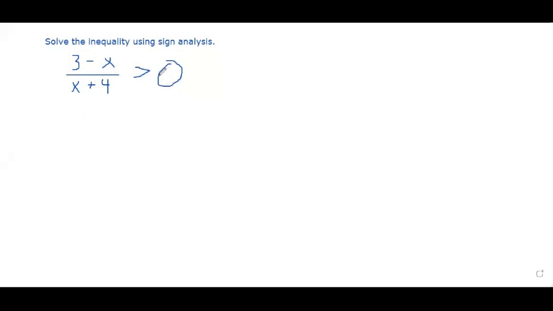Now, if we want to solve this type of inequality, there are two main features of a rational function that we need to find. So these features include, number one, the x-intercepts, and number two, the vertical asymptotes.